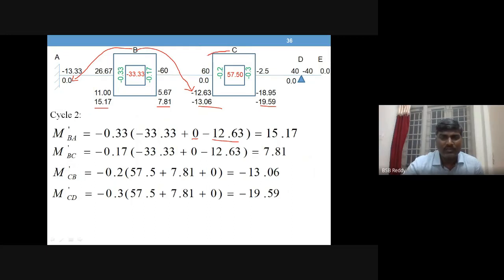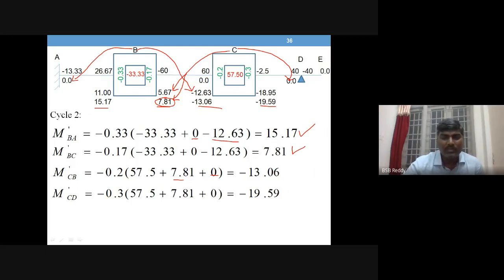Similarly for joint C, 7.81, 0. So once you find these values, you shall immediately update here, so that if you don't update this 7.81 here, we will be taking this value as the far end contribution.